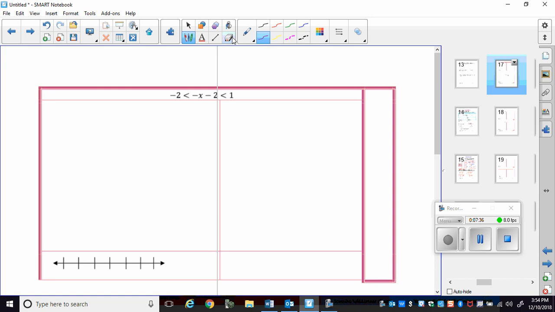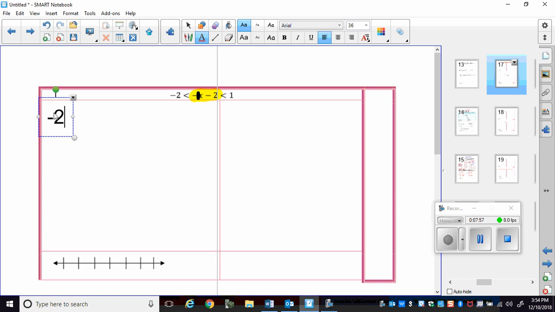All right. So I'm going to highlight what's in between. I start off with an and statement. I'm also going to put a 1 in front of this x here. All right, so I'm going to rewrite that. I have negative 2 is less than negative 1x minus 2 on one side.